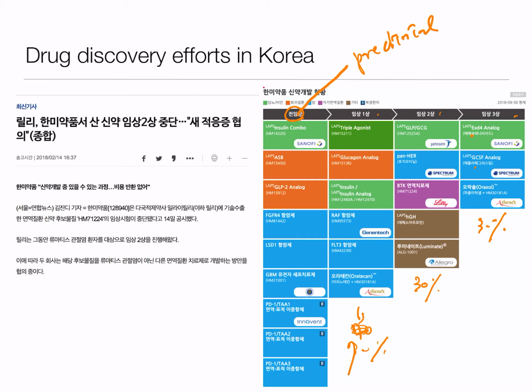So maybe, based on probability, only one of these will be approved at the end, right? So there are some companies who are actively developing drugs, but the drug discovery process is quite risky and very time consuming.